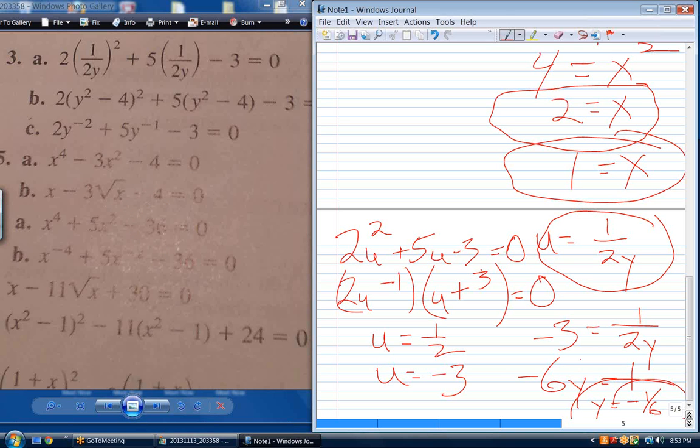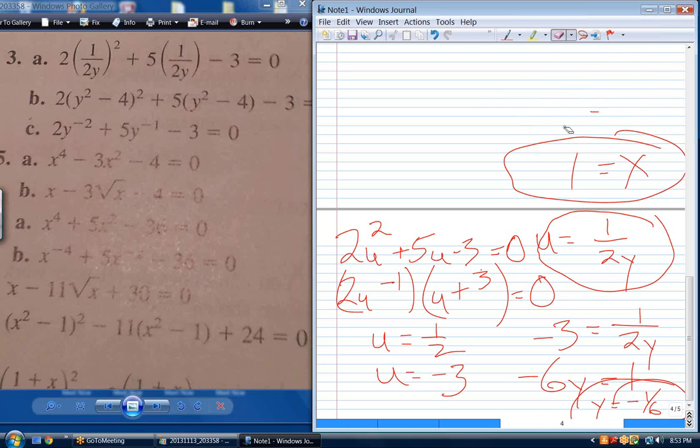Well, what I was going to say was, do we need to plug these in and check to see if it's true? In other words, is there a possibility that one of these might be an extraneous solution? Possibly. Not normally with standard polynomials. Where you get extraneous solutions is when you see radical signs like 5b.